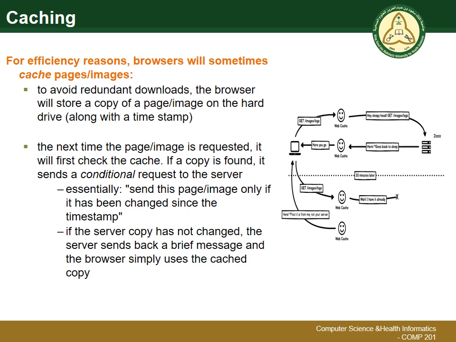If it has it, it will send another request to the server, just asking if it is current by comparing the timestamp of the picture. If it has not changed, the server will reply with a brief message to the browser. Then the browser can display it, and this will save time. If the time taken to request the item and download it is, for example, 30 minutes, then it will save even more time.